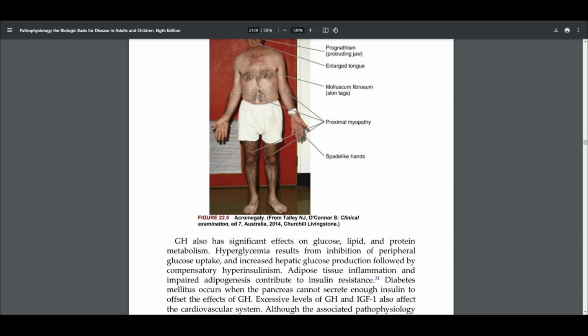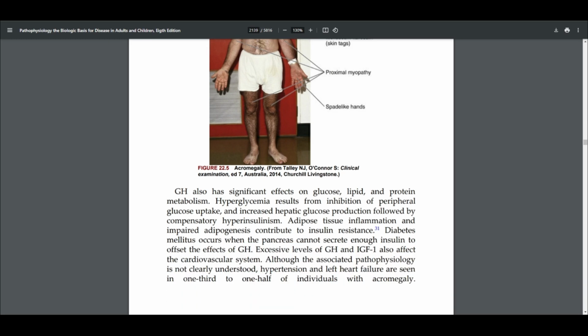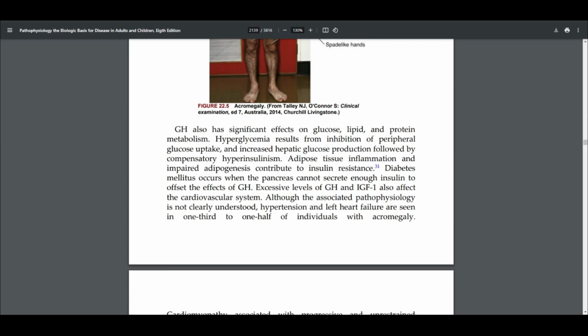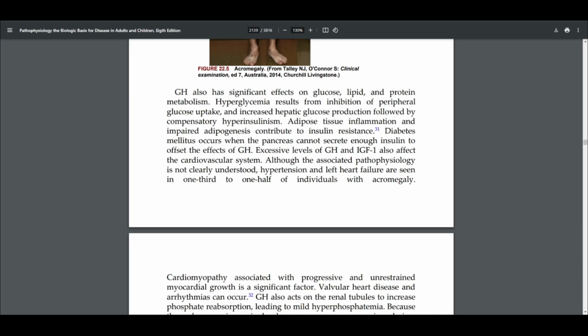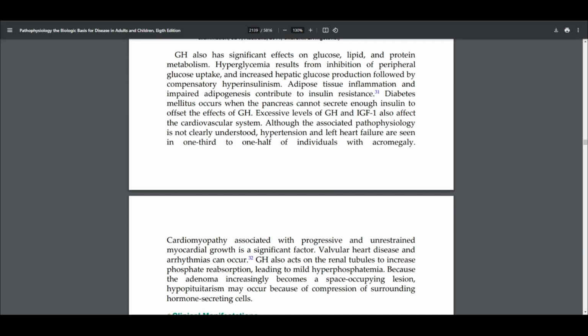So growth hormone also has significant effects on glucose, lipid, and protein metabolism. Surprise, surprise. Hyperglycemia results from inhibition of the peripheral glucose uptake and increased hepatic glucose production, followed by compensatory hyperinsulinism. Adipose tissue inflammation and impaired adipogenesis contribute to insulin resistance.